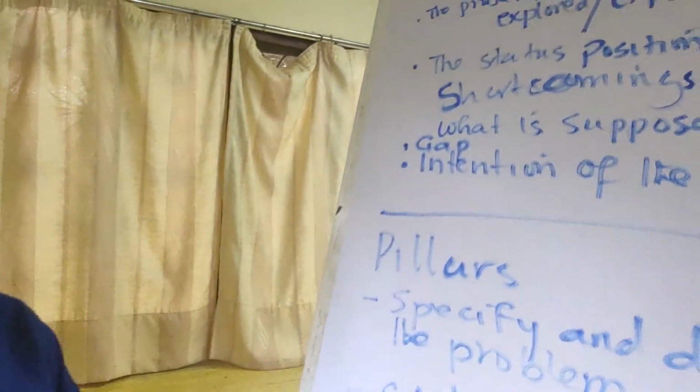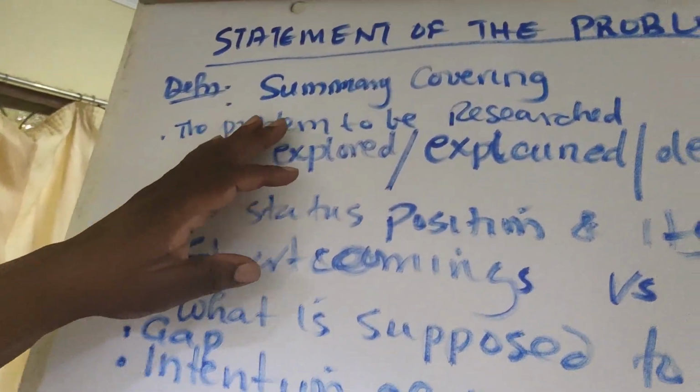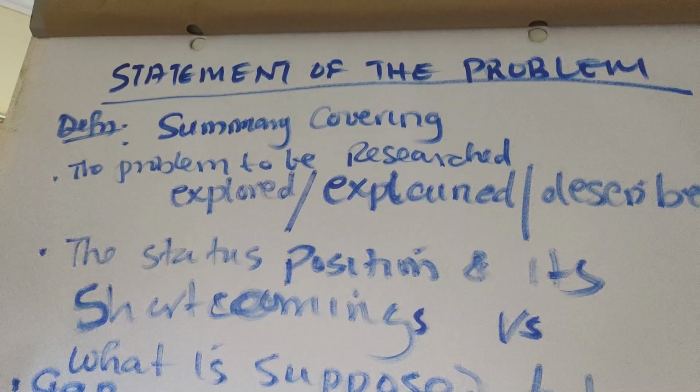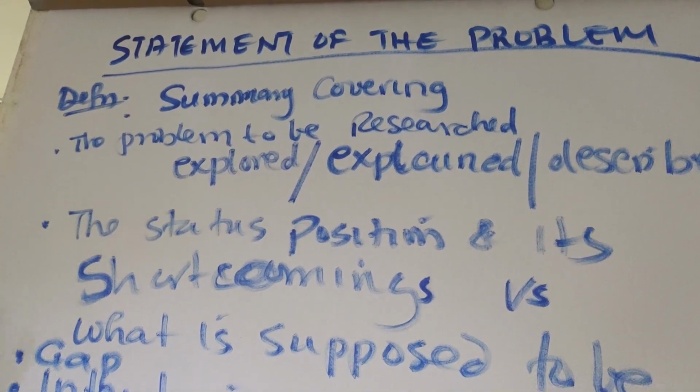Then he is now facing the issue of writing a statement of the problem. So, in short, a statement of the problem is the summary which covers 4 aspects.